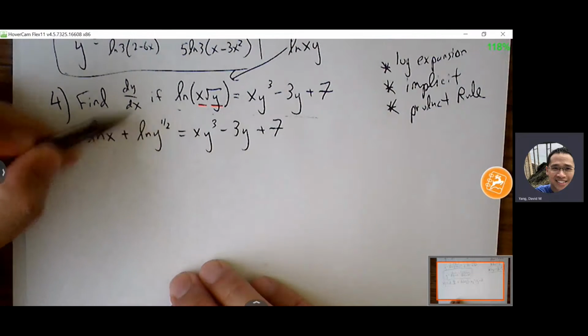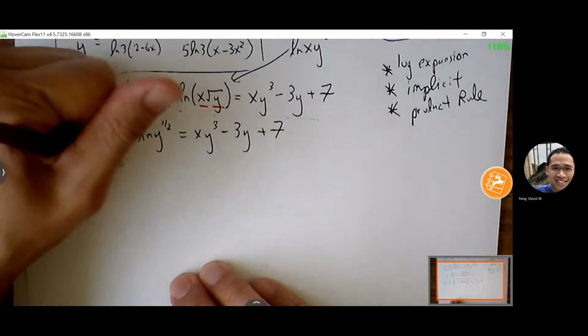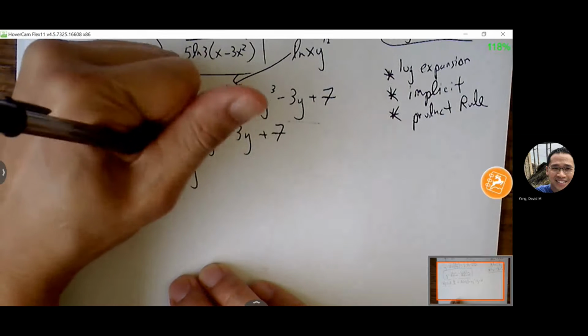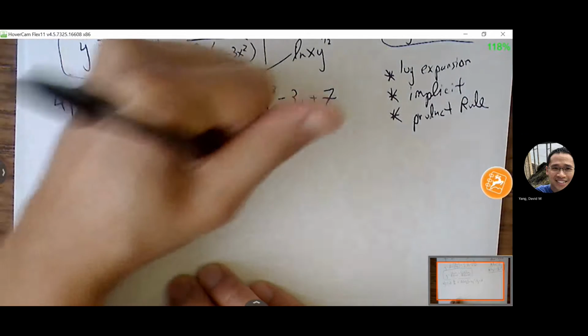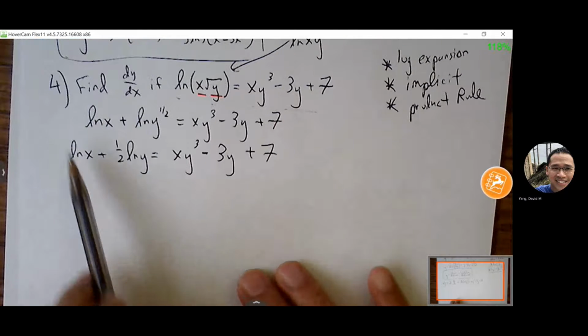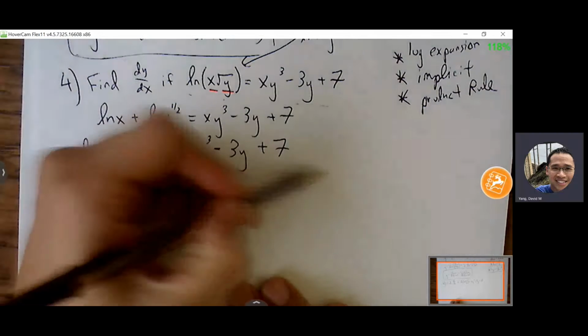Continue expanding. We can bring that 1/2 down. Okay. What's the rule for natural log of x? Now we're ready for the derivative.